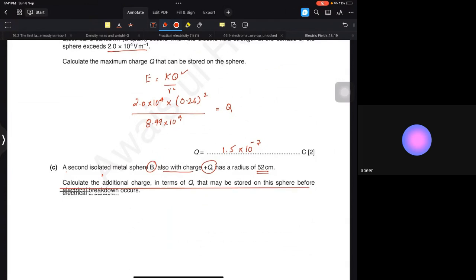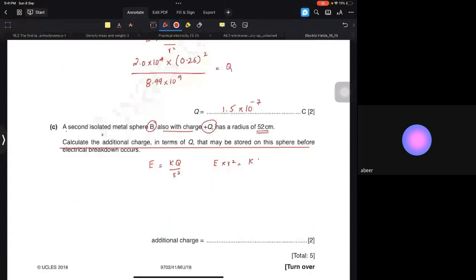Now, as you can see from the formula, E times R squared equals KQ.